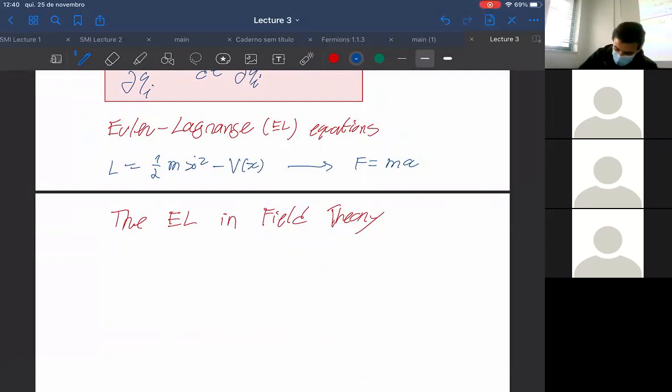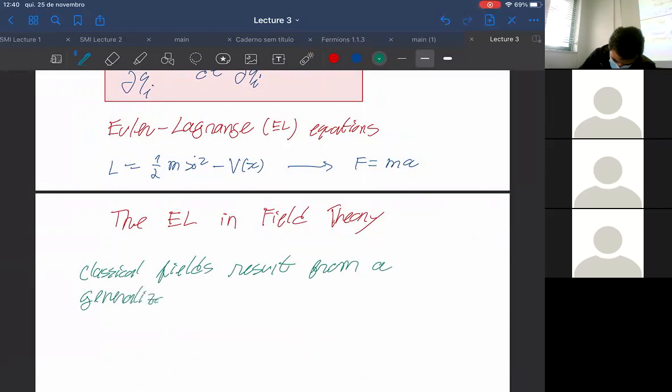In fact, classical fields result from a generalization to a continuum of n particles.